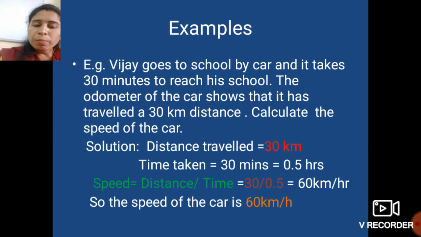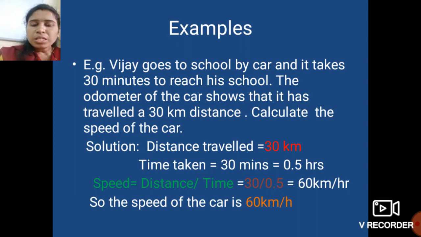So the odometer shows that the distance from Vijay's home to school is 30 kilometers, and it takes 30 minutes to reach his school. We have to calculate the speed of the car.